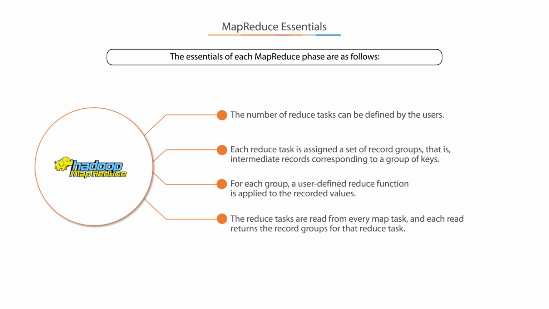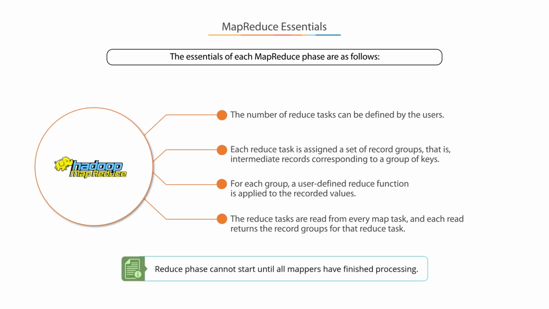And fourth, the reduce tasks read from every map task, and each read returns the record groups for that reduce task. Reduce phase cannot start until all mappers have finished processing. So, combining your output is an important step once all the tasks are completed.